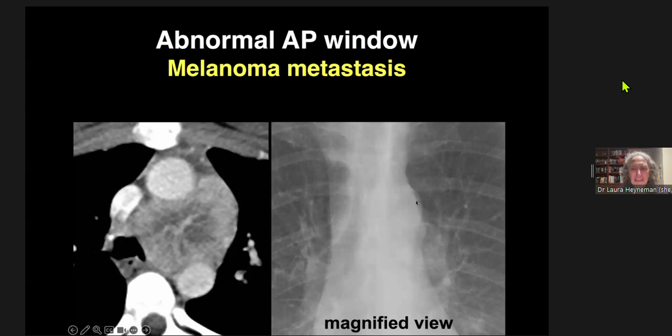So the fact that, for example, the transverse aorta and the, well, here I'll do it on the other side.